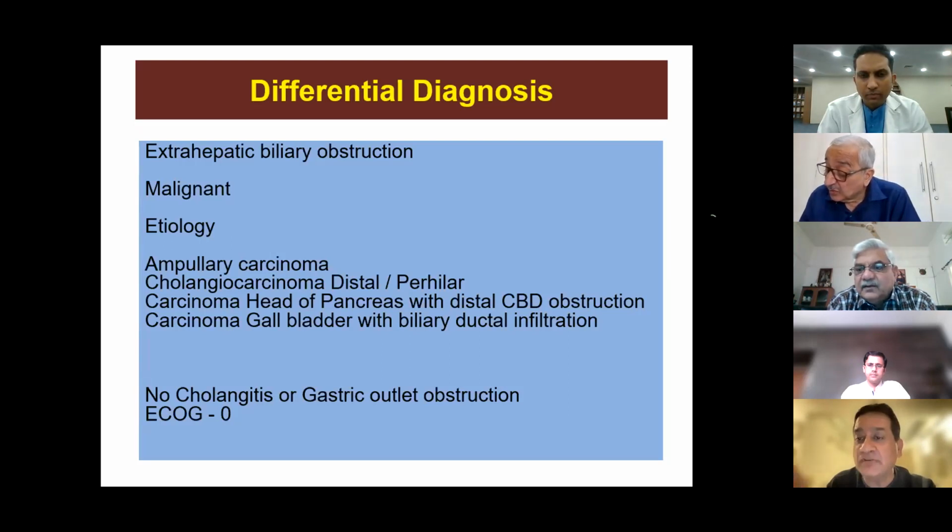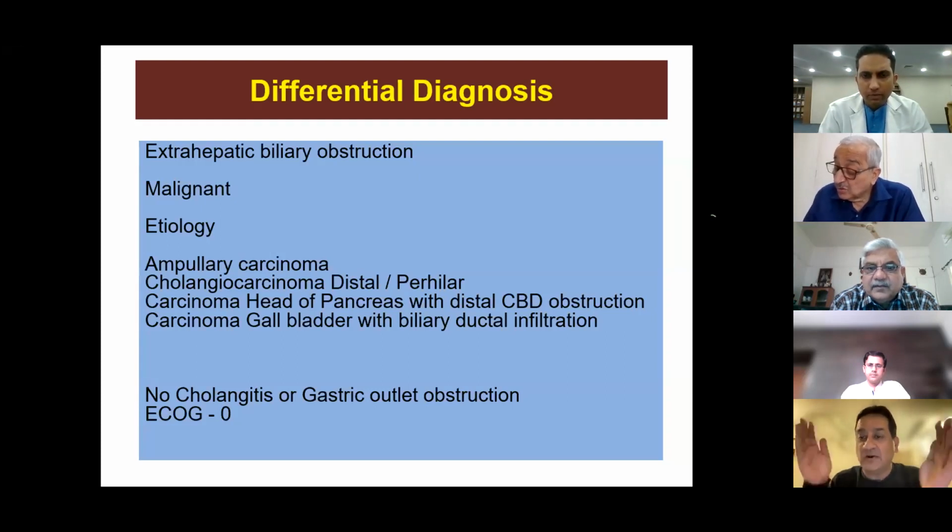So at a given point of time when the patient comes to you, you will not have all the classical features. So we need to keep that in the back of our mind and always think of the whole spectrum of a disease. From a normal gallbladder to a small lesion, to a lesion progressing over time, and then ultimately becoming a full-blown disease with the involvement of multiple organs. So there's always a long gap between these two. So we need to keep that in mind.